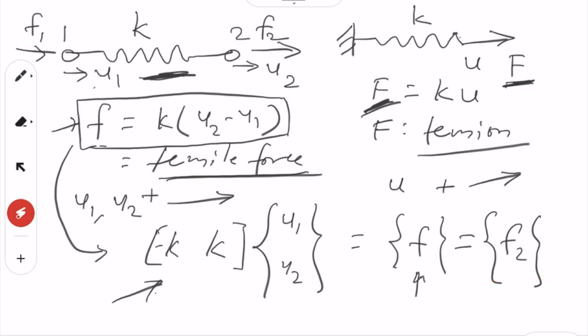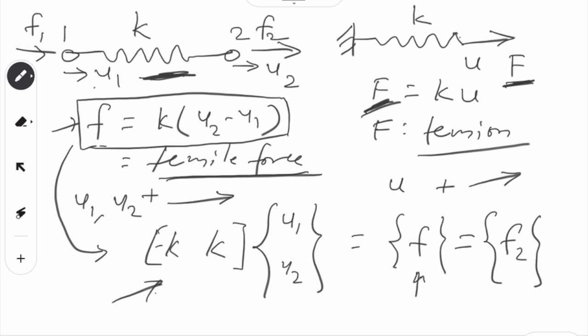Similarly, if we have to write F1, how will we write? For F1, if we want to relate F1, we have to write differently now. The equation that involves here will be similar to this one.